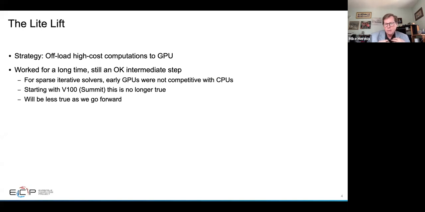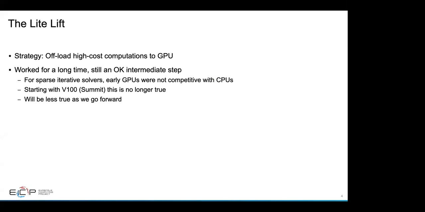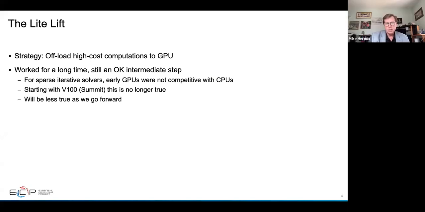And in my area, where I've done a lot of direct R&D work in sparse iterative solvers, early GPUs were really not that competitive with CPUs, especially if you throw in the complication of having to migrate all the data and the computation to the device rather than just staying on the CPU.